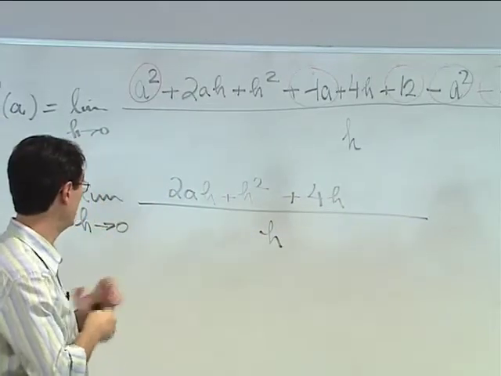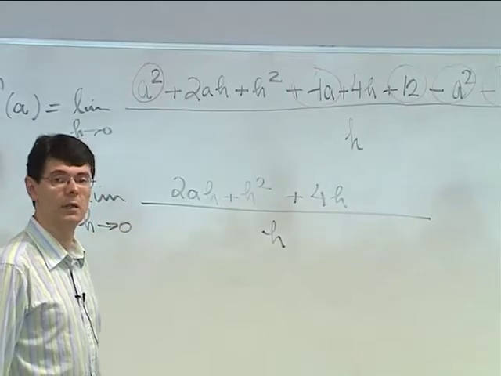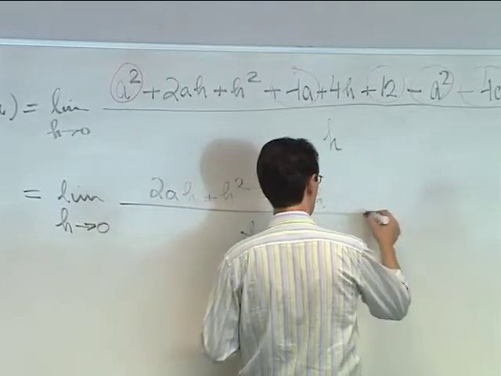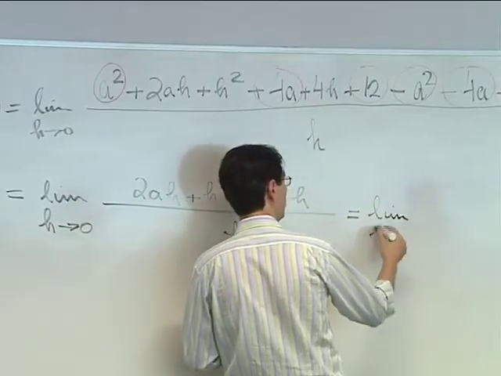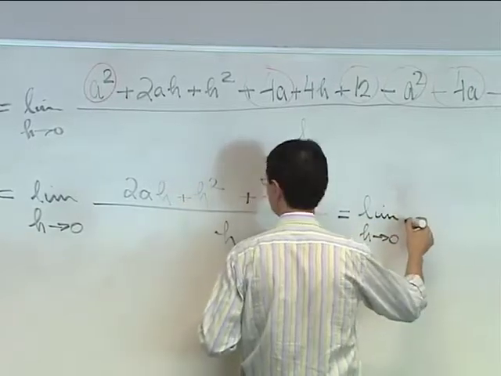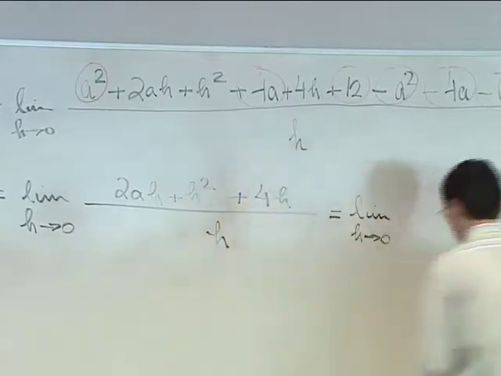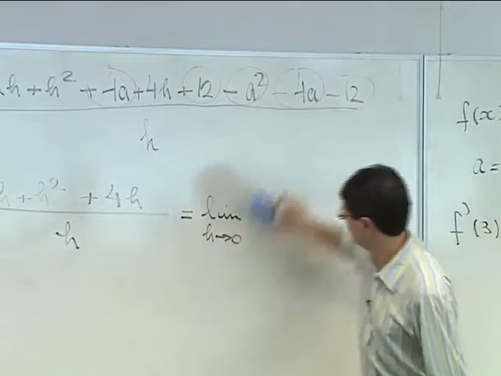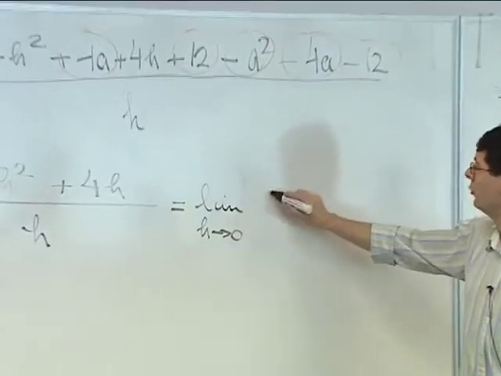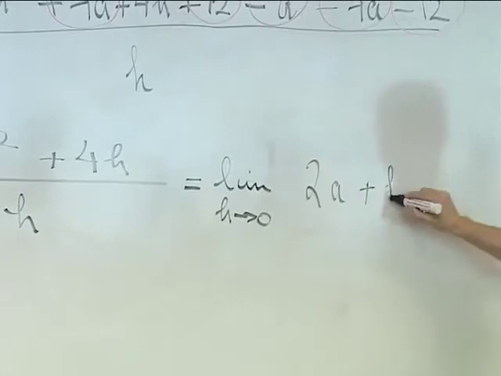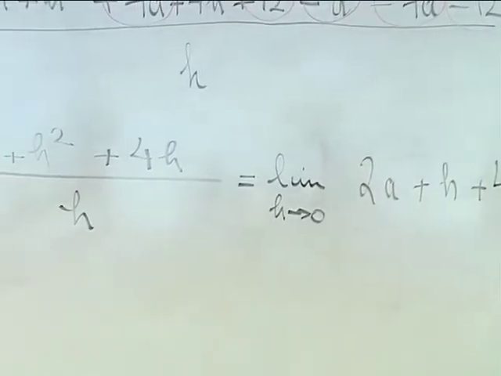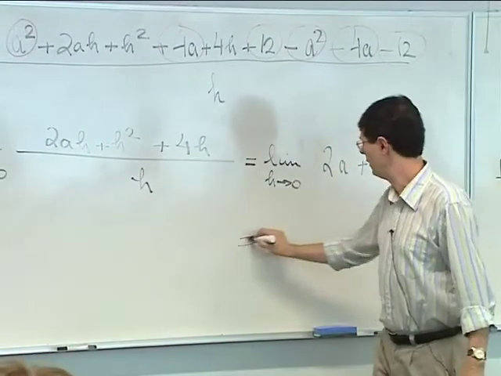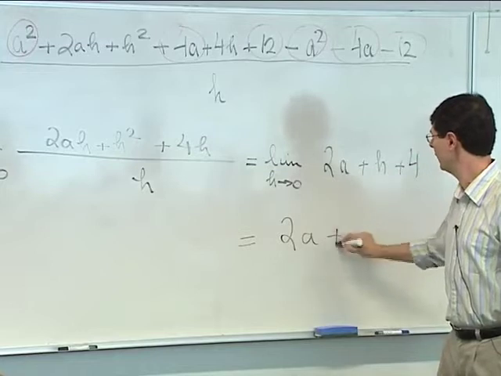It's still 0 divided by 0, but this time you can cancel h away. Limit, when h goes to 0, of 2A plus h plus 4. And at this time, you can replace h by 0. 2A plus 4.